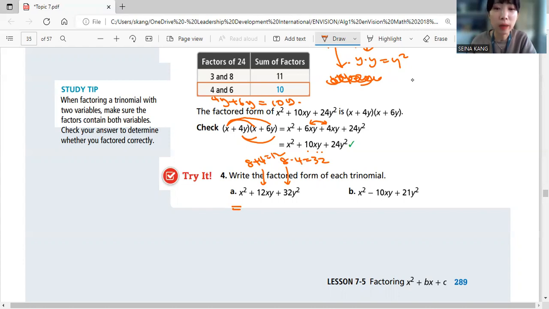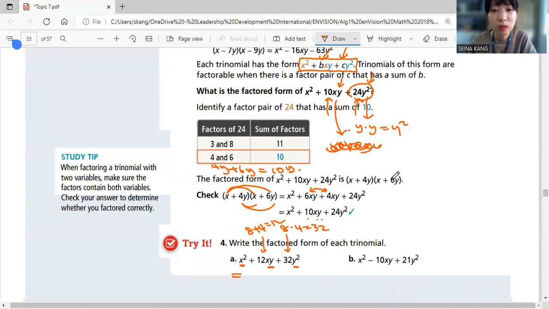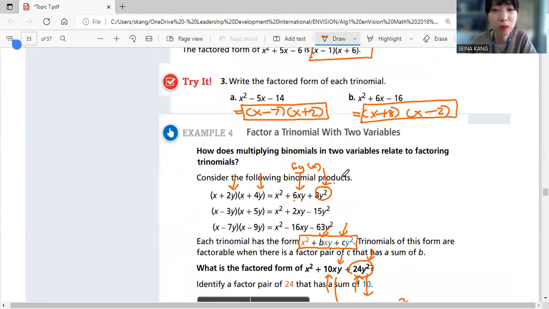Because you have x squared and then xy and y squared here, you need to write the binomial in its form as well. So where's the form?